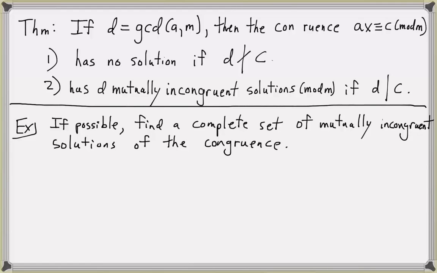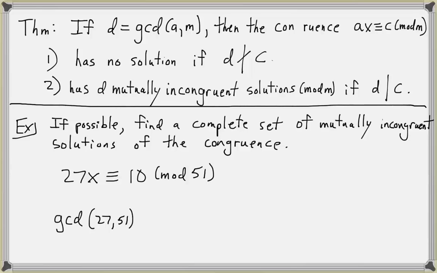Okay, so first let's look at the congruence 27x congruent to 10 mod 51. Let's look at the greatest common divisor of 27 and 51. Well, we see that the greatest common divisor of these two integers is 3. And since 3 does not divide 10, this congruence has no solutions.